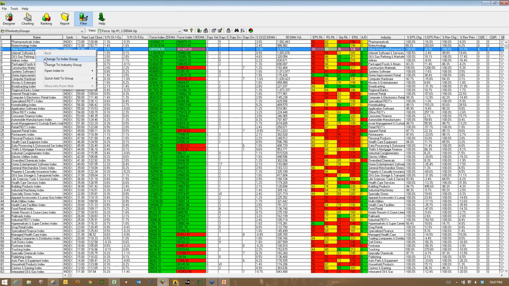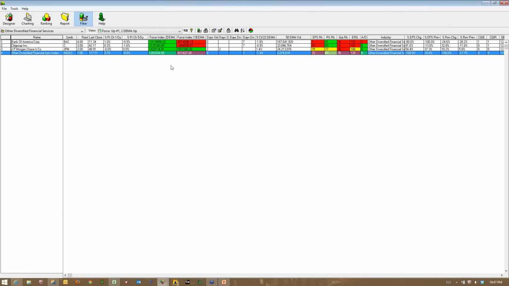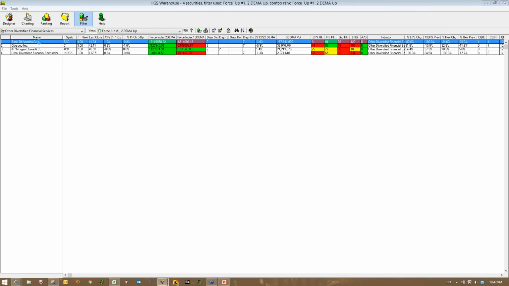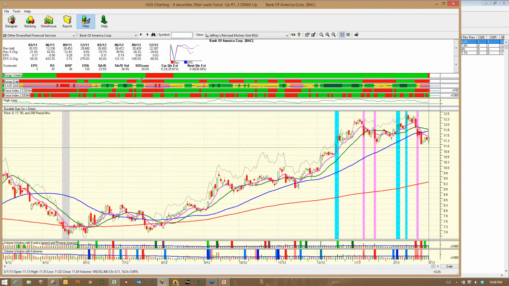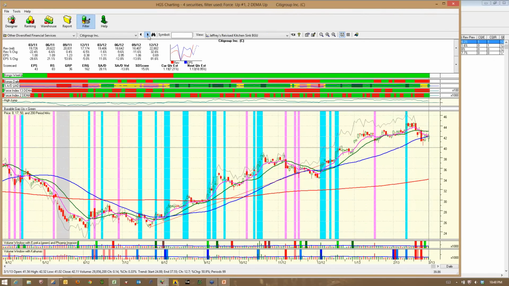The banks always are at the top, depending on which group, because remember, Force has volume and price change, and the volumes here are obscene. Let's take a quick look at this Bank of America to get a sense if there's anything going on in the banks. Below the 50, I let them get above the 50 before I get excited. Red coming into my momentum indicators. They had a good day on Friday, but it's the volume that gets them there.